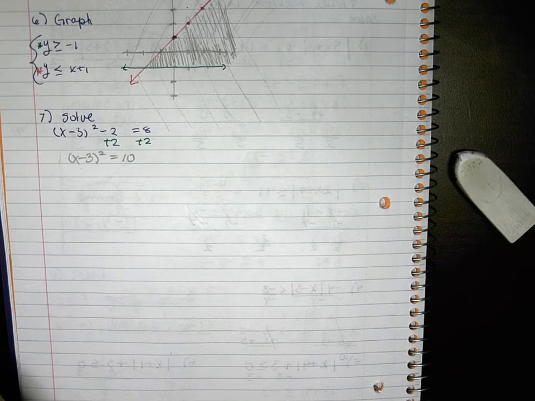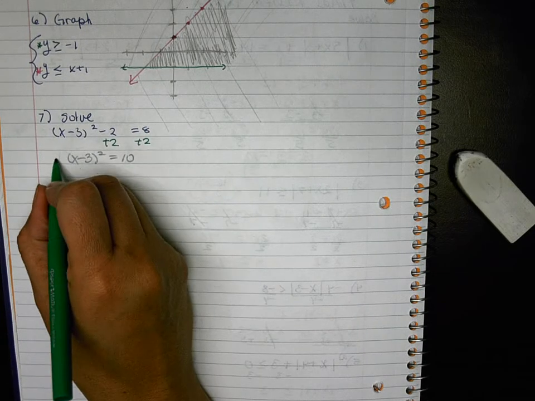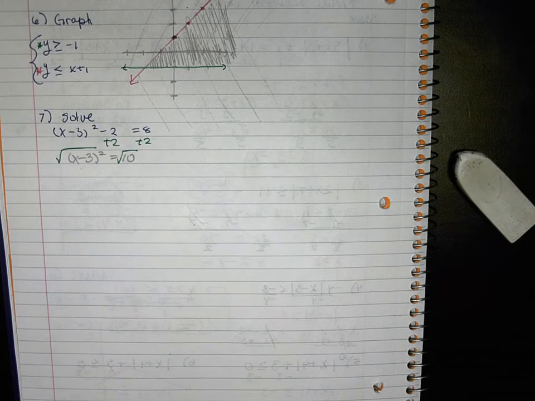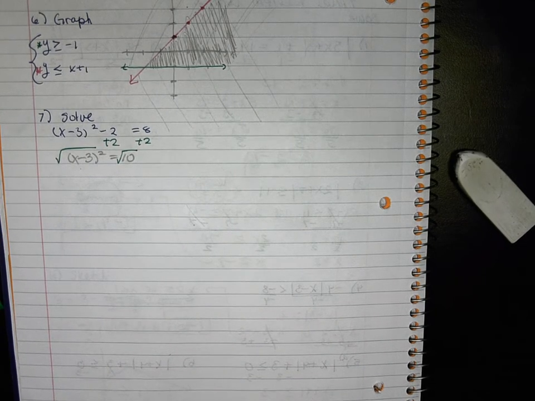Inverse operations undo each other, and what I do to one side, I must do to the other. Way back when we first did it, we did absolute values because square roots could only be positive. Do you guys remember that?